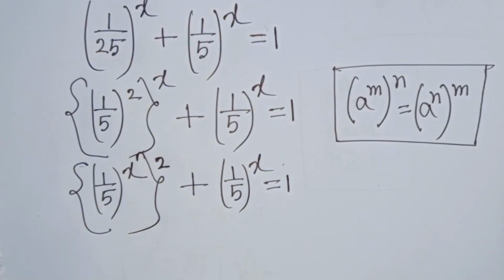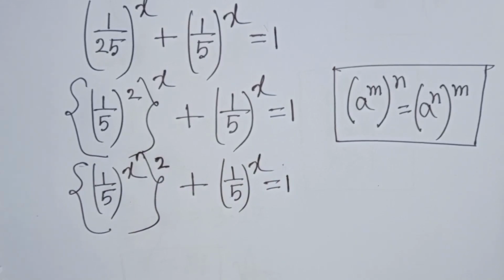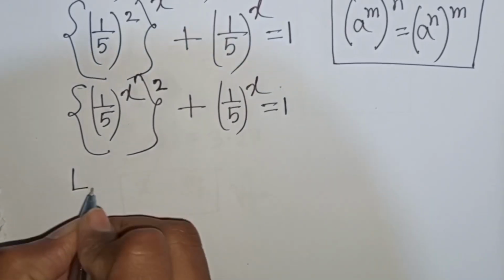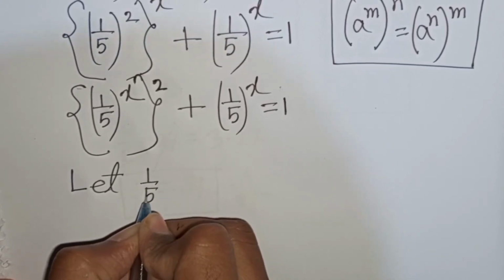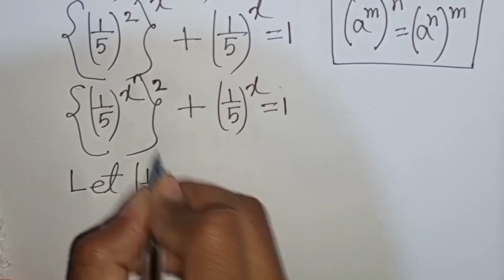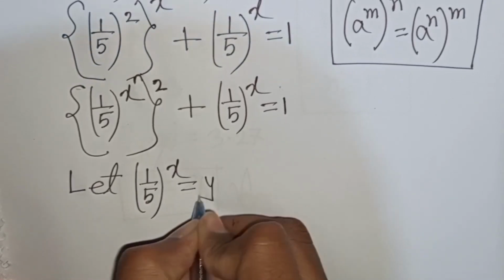Now we see 1 by 5 bracket power x, 1 by 5 bracket power x, both terms are same. So let 1 by 5 bracket power x be substituted by y.